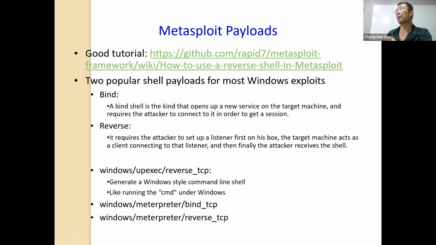The reason is because in many cases, the target computer either has a firewall installed or is using a private IP address, for example, behind a NAT router, like in the home. Right now, in every home, if you're using a broadband connection, you will most likely have a home Wi-Fi router.